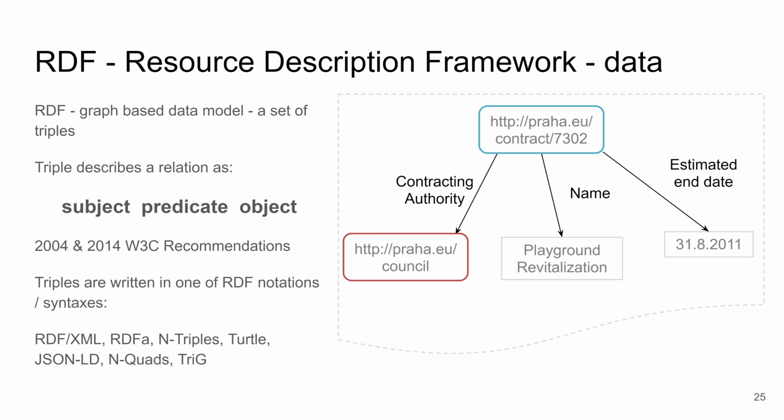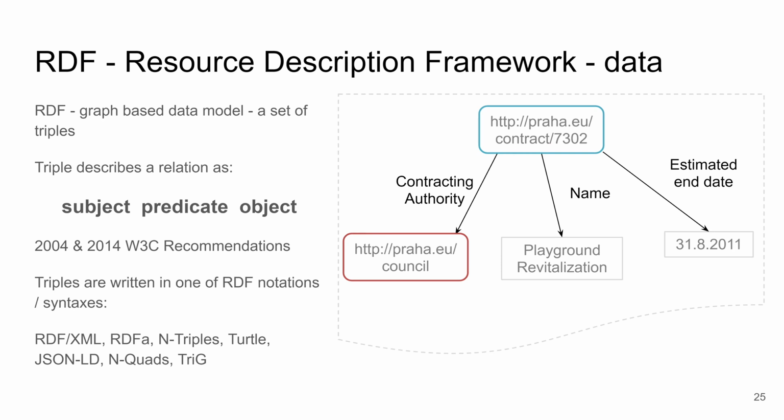And we can see the subject in the blue oval is the public contract 7302. And we say that this contract has a contracting authority, which is the Prague Council. The public contract has a name, which is Playground Revitalization. And the public contract has an estimated end date, which is August 31st, 2011.